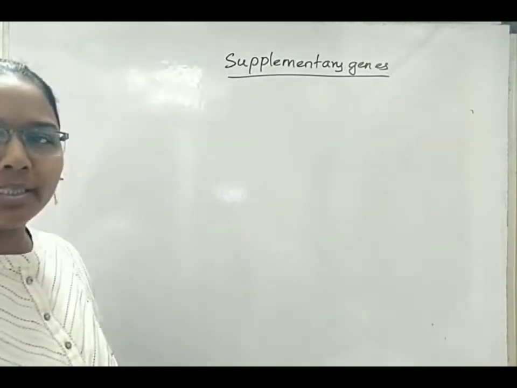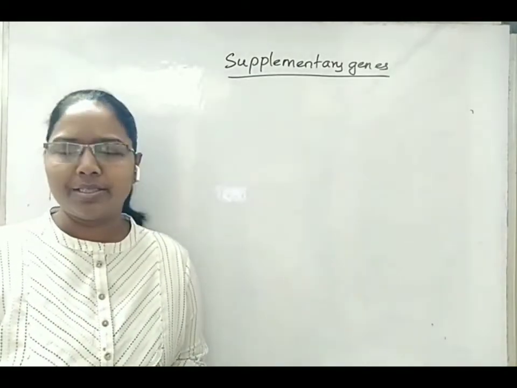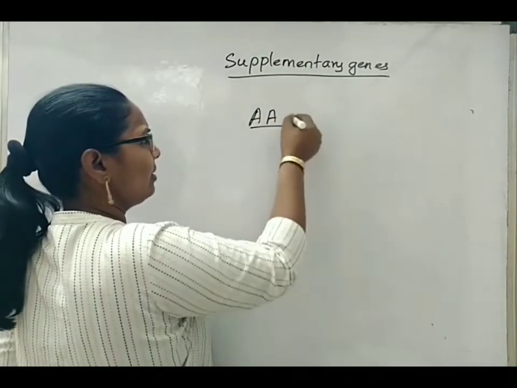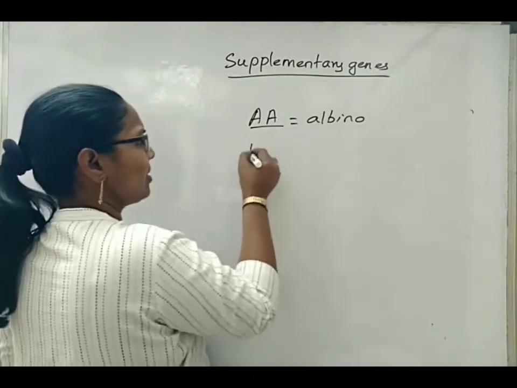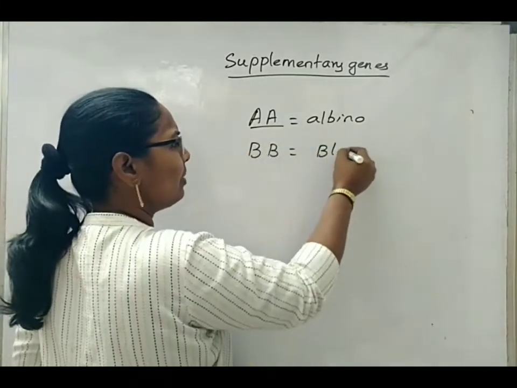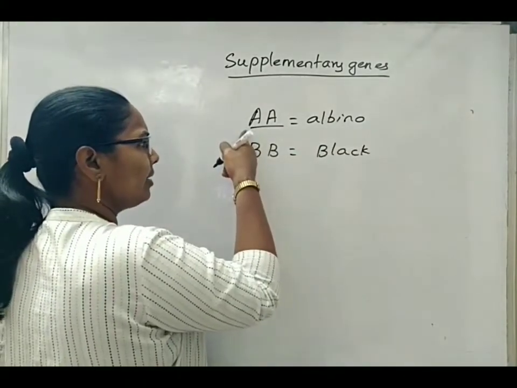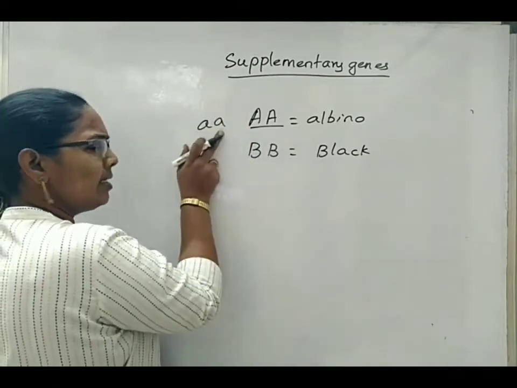In case of supplementary genes, there are different types of expressions given by different types of alleles. Suppose there is one allele pair that is responsible for albino color. Next, another pair of allele is there in its dominant form that is responsible for black color. Now, we know that there will always be their own contrasting characteristic allele pairs.